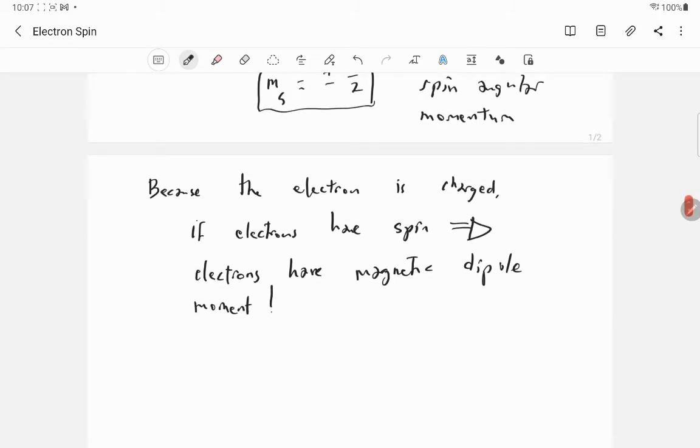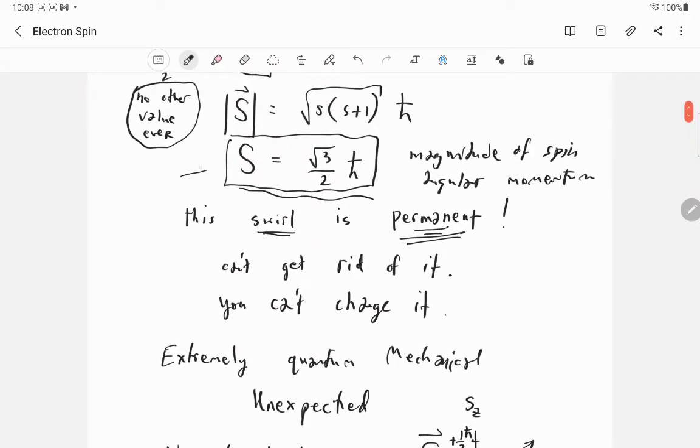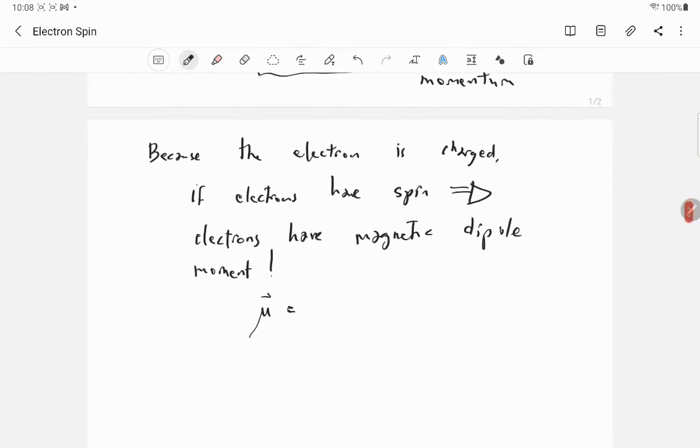And the magnetic dipole moment of an electron can be written down the following way. It's dependent upon the angular momentum vector, this thing right here.